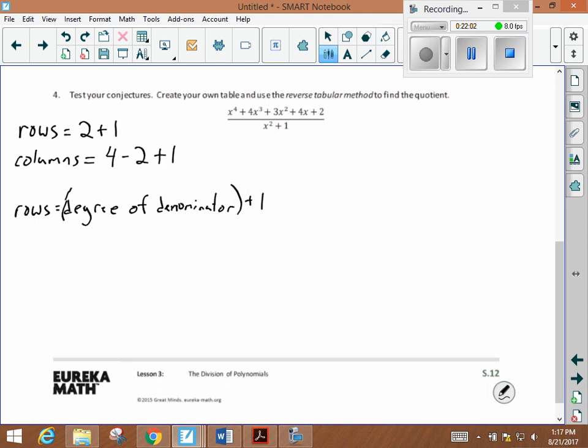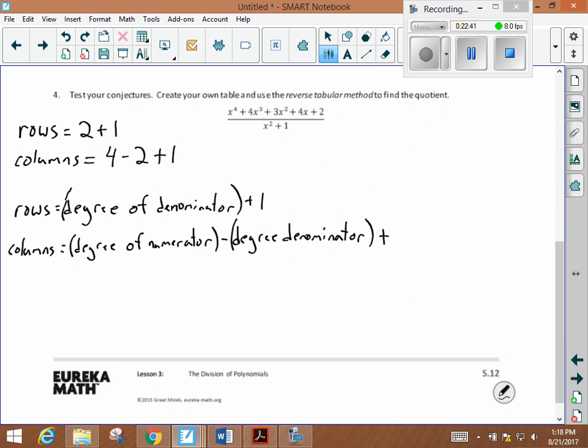And our columns is going to be our degree of our numerator minus the degree of our denominator plus 1. So that's how we're going to figure out the dimensions of our table.